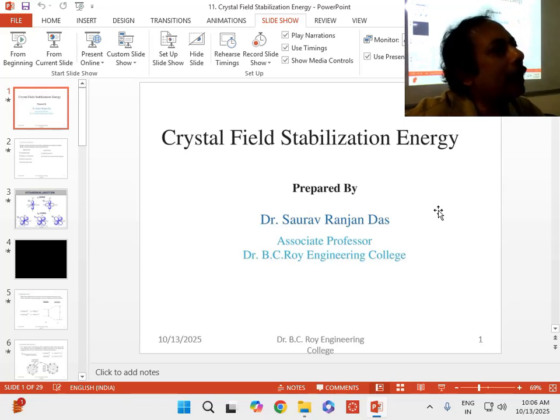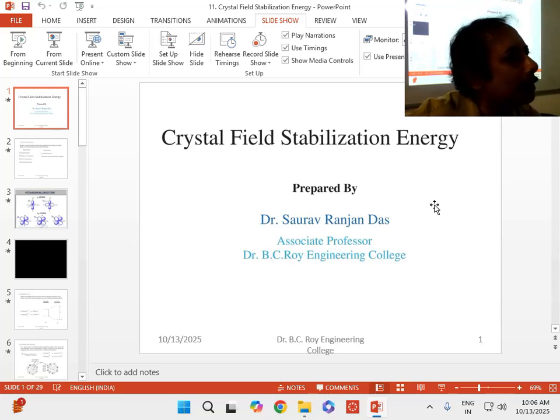Whereas if you take an organic molecule or a simple molecule like ammonia, you have only one type of bond. What bond is it? Covalent bond. But in a complex compound, you have multiple bonds. That's why you call it complex. Covalent bond is present, coordinate covalent bond is present, ionic bond is present.